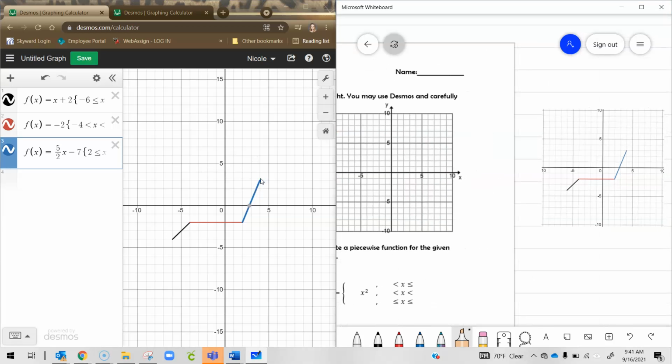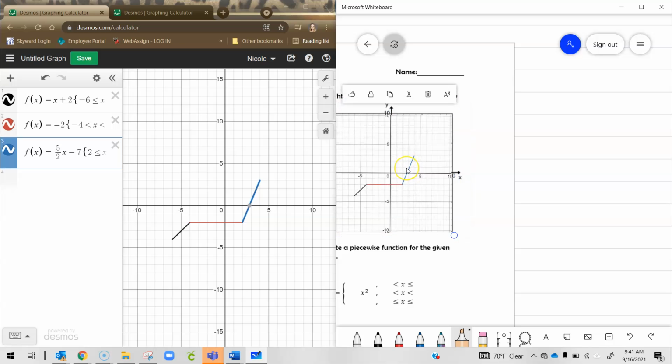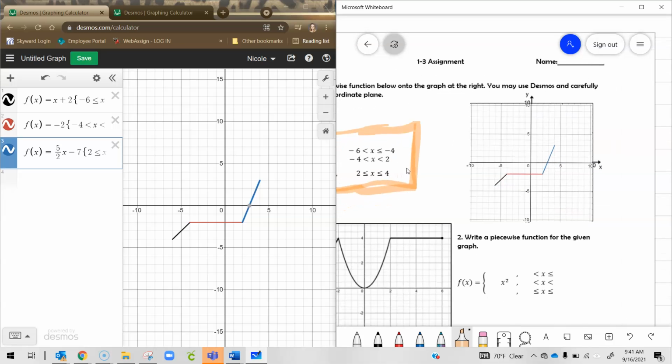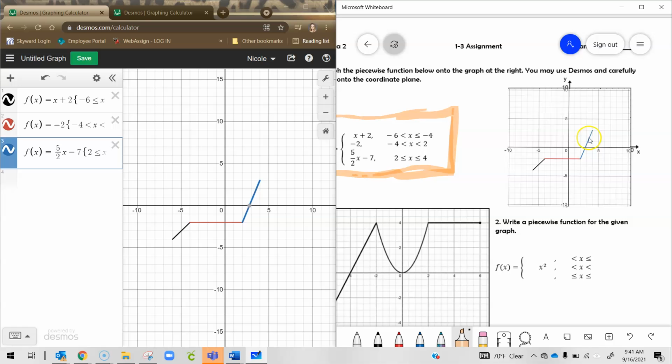So the one thing that Desmos does not do for us is decide what needs to go on the ends of each of these pieces. And so if you don't put anything, a lot of times it's assumed it goes on forever. So we need to decide between opened and closed dots.